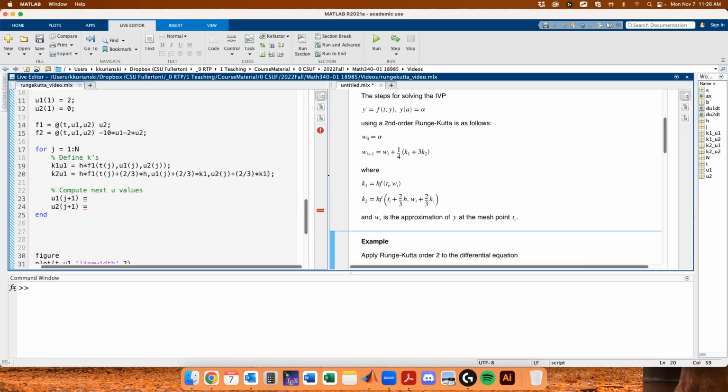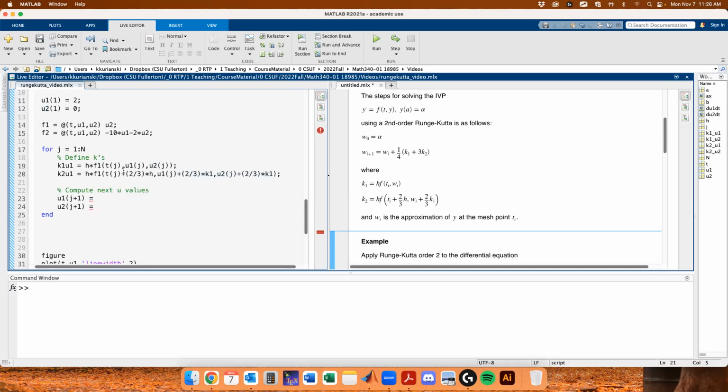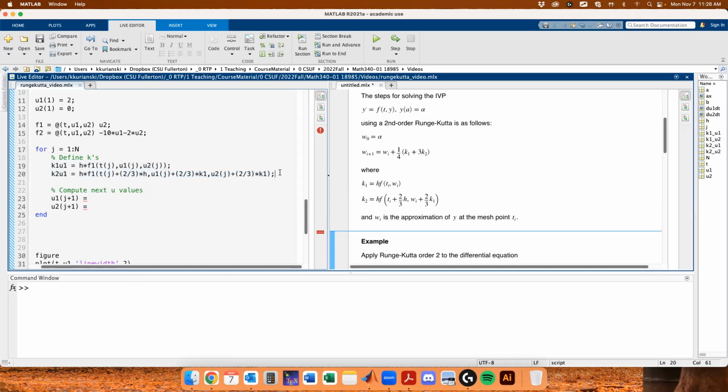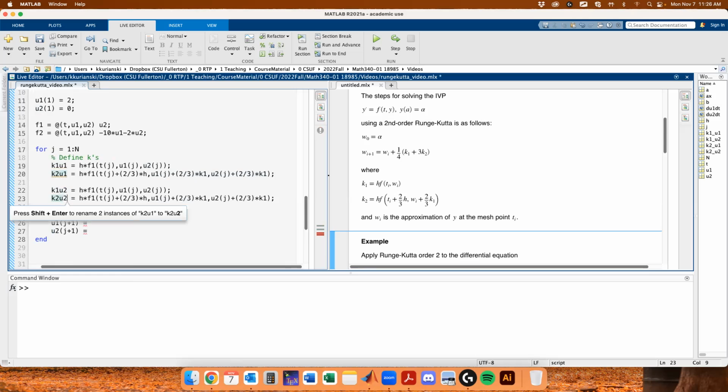So let me zoom out a little bit so you can see all of it. So ti plus 2/3 h, ti plus 2/3 h. And then I have wi plus 2/3 k1 in each of these components. So those are my k's for u1, and I'm going to need the same idea, but for the u2 variables.